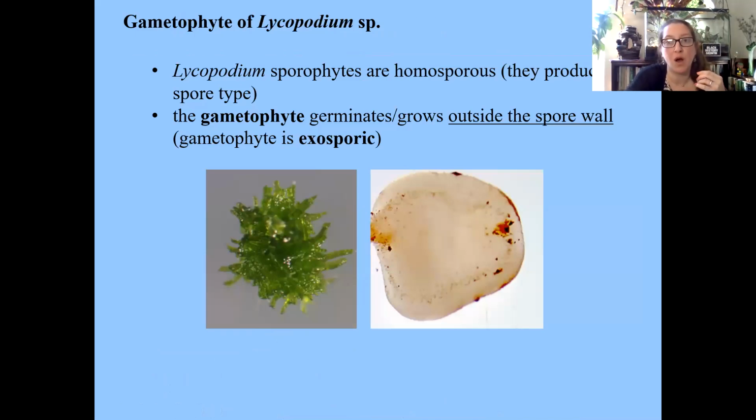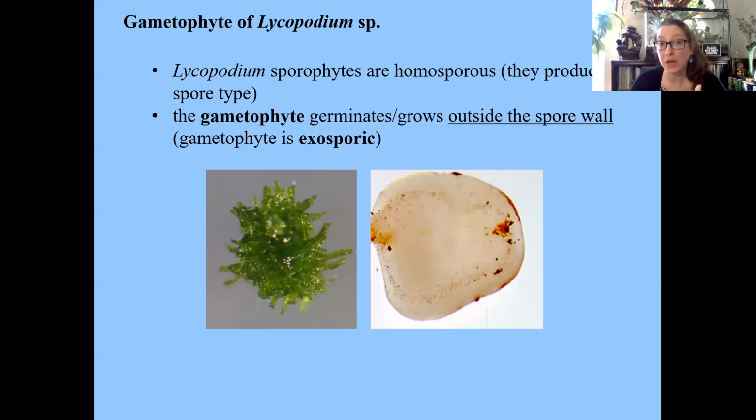Homosporous, here we go. Okay, all right. So remember that the sporophyte plant makes spores. Sporophyte. Phyte is a plant. Plant that makes what? Spores. Sporophyte. So if you're a sporophyte plant, you're making spores. Now we know from the beginning of this class that sometimes, depending on your species, you can make one spore type or two spore types.